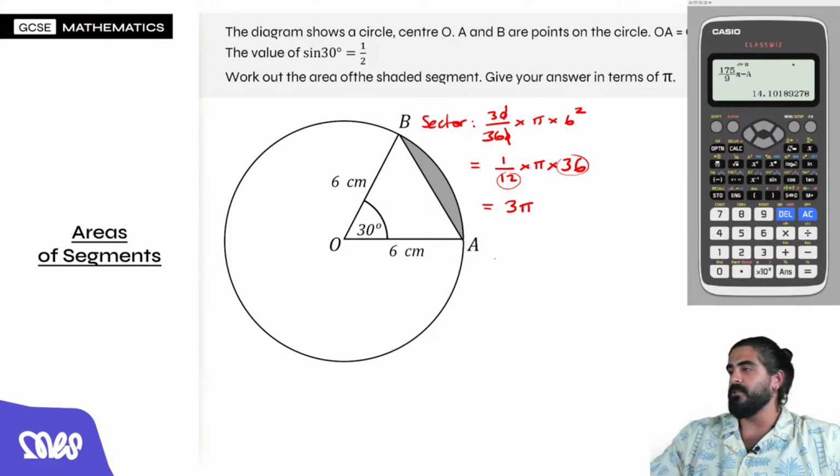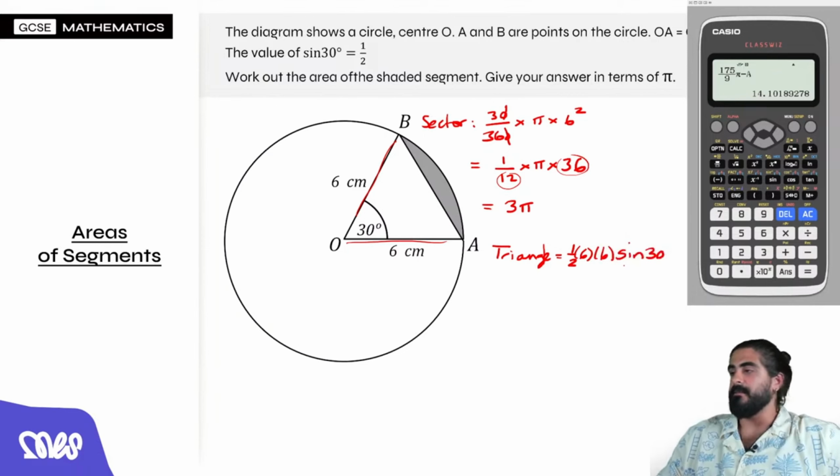The next thing we have to do is the area of the triangle. Now remember, the area of a triangle is a half ab sine C. The a's and the b's are the 6's. So a half times 6 times 6 times sine of the angle, sine 30.